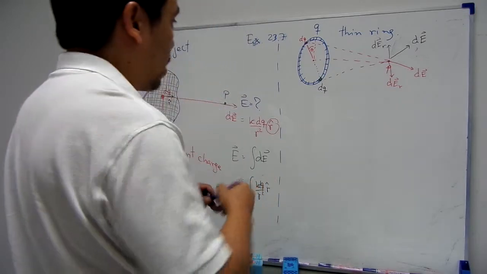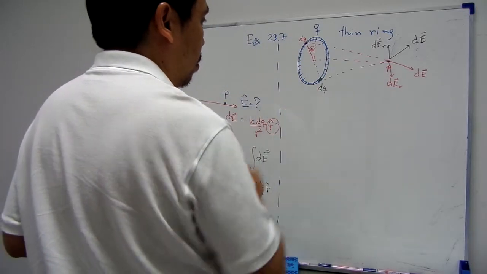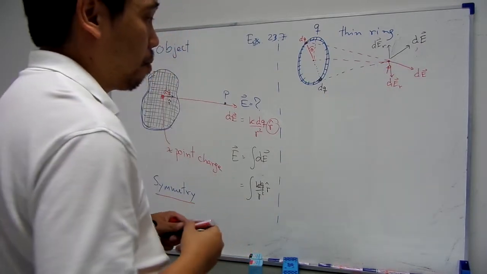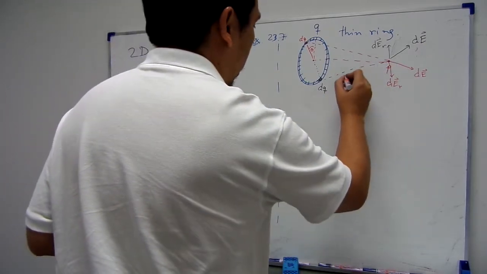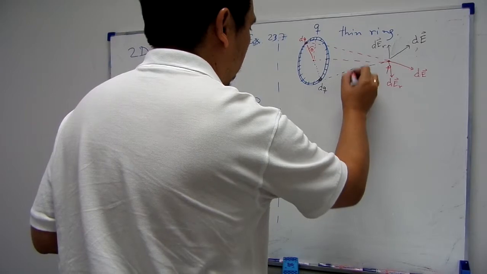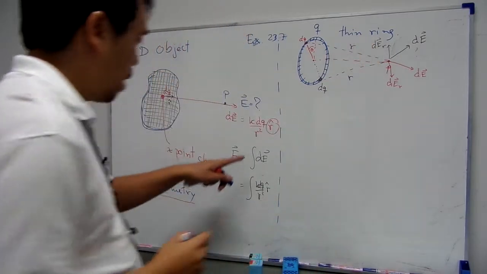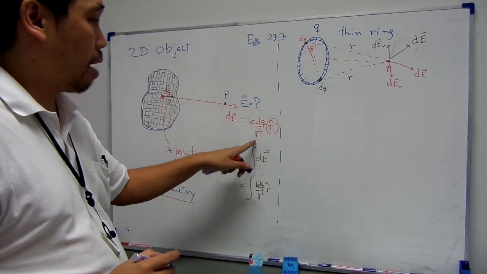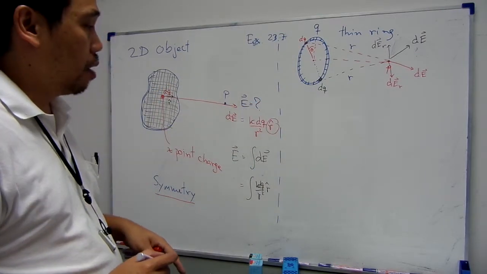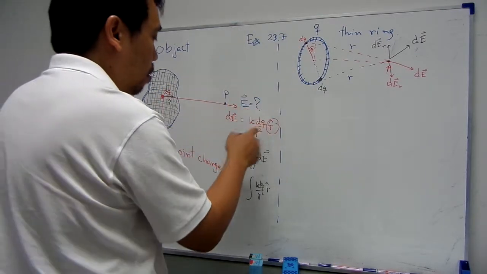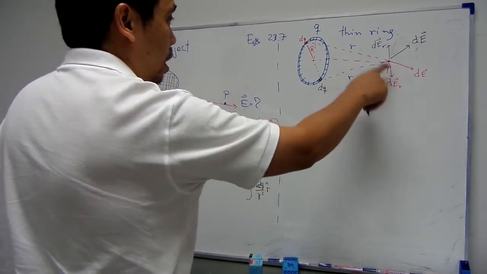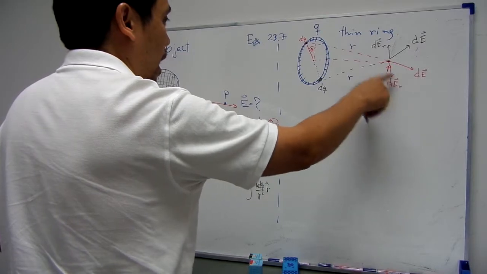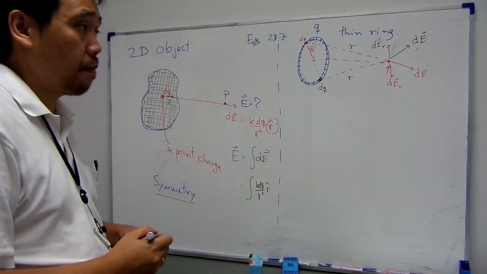Anyway, we can see that the distance from this dq and this dq to this point P are the same. I say this is r, this is r. So we have that r for the red dq and r for the black dq are the same. So the magnitude of the red dE_r and the black dE_r are the same.